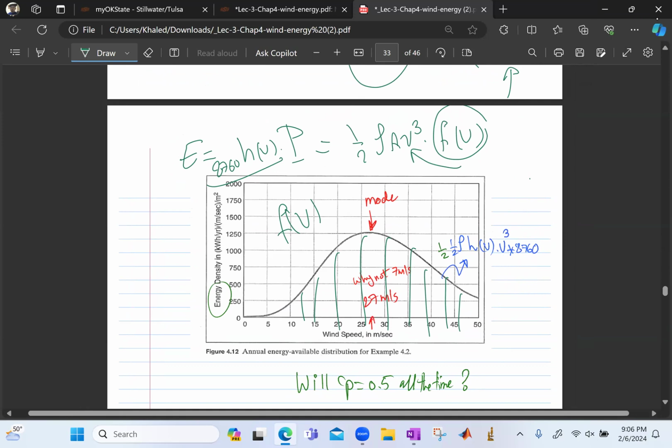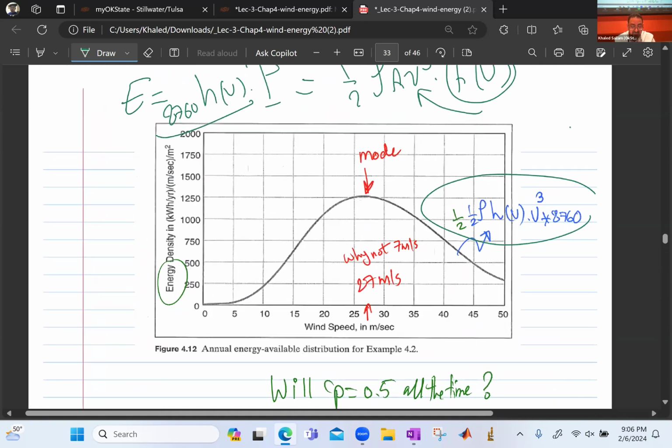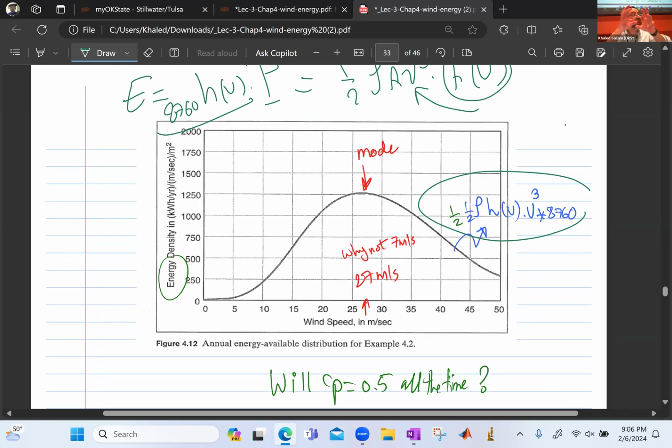So this graph, we are not going to plot it, but this graph, which is coming from this equation, if you have the K and C, if you have those two numbers, you have that shape for the site. You know how much energy is available at 5 to 10, how much energy is available over here.